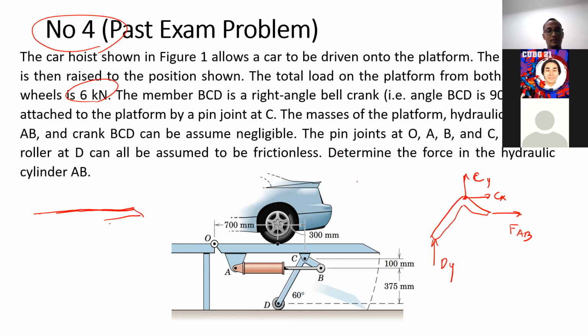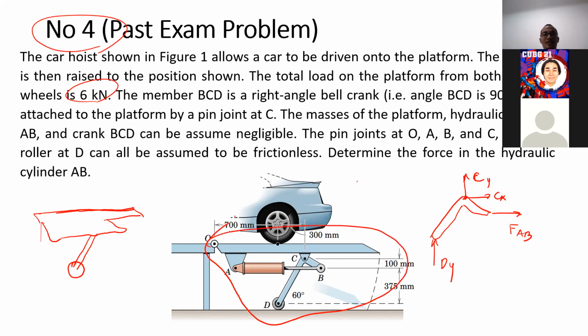It includes everything, so I draw it like this.